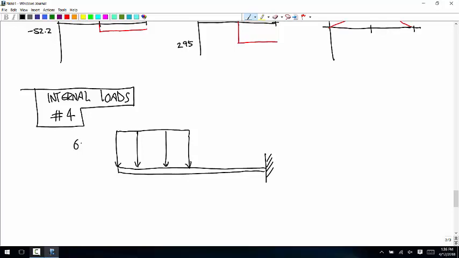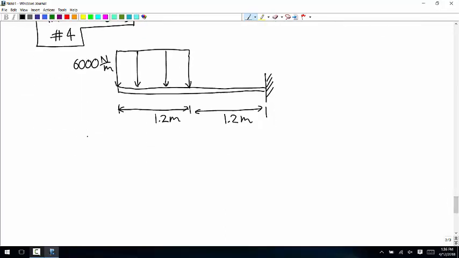Okay, so 6,000 newtons per meter. This distance is 1.2. This is 1.2. The cuts are going to be at these important spots where the functions change at the ends, and then the distributed load function changes there.